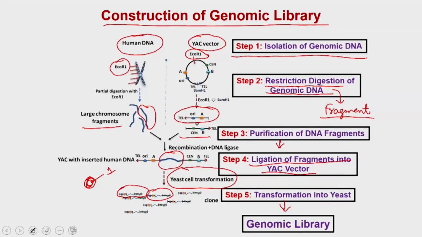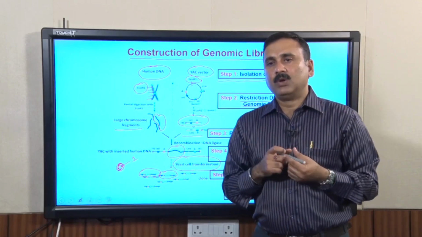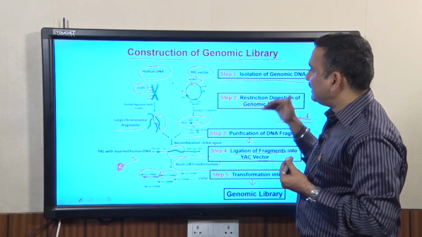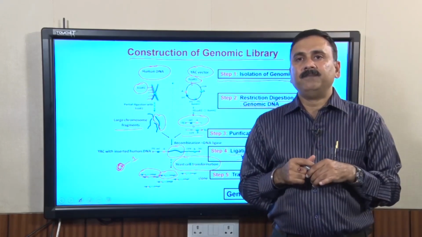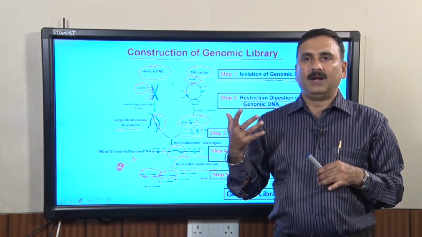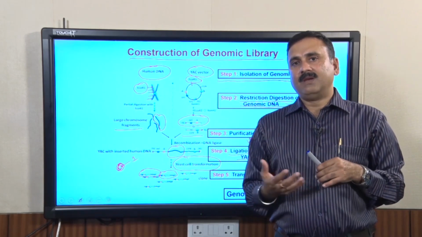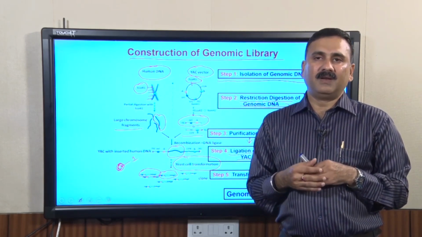So, after step 5 you are going to get different clones which constitute the genomic library. Let us discuss each and every step in detail, so that you will be able to understand the process, as well as perform it if you can get the necessary infrastructure.